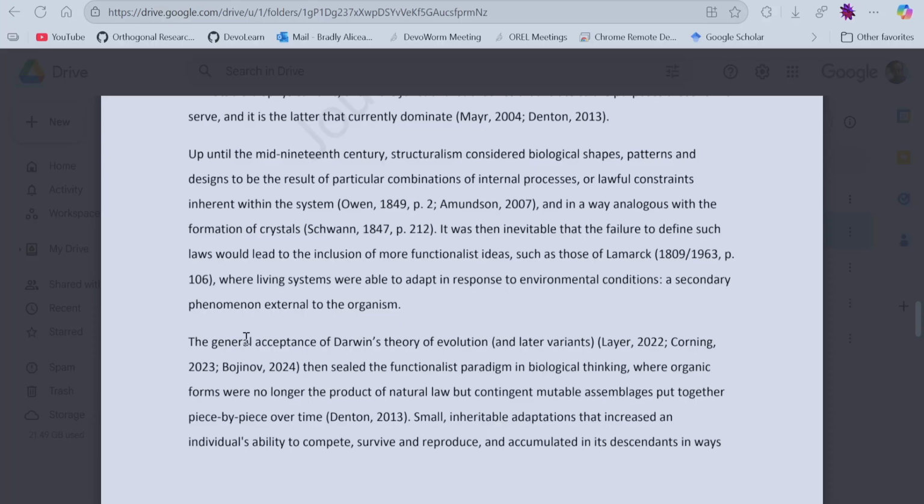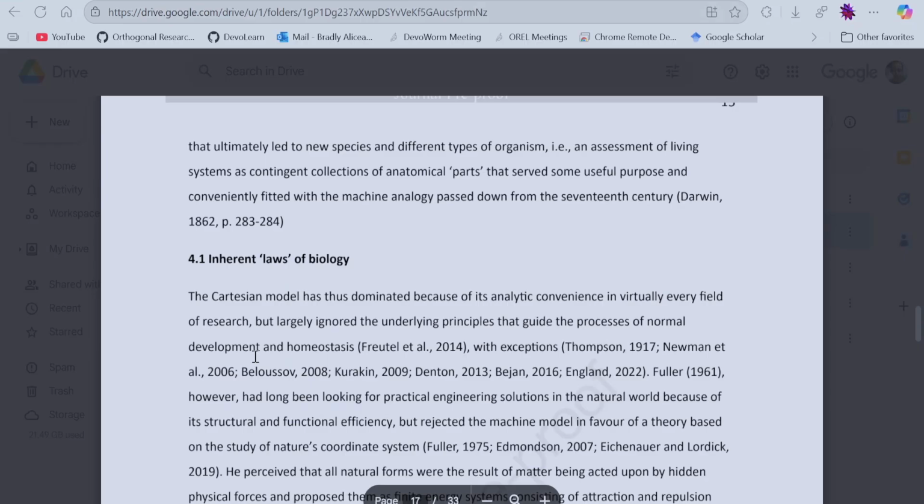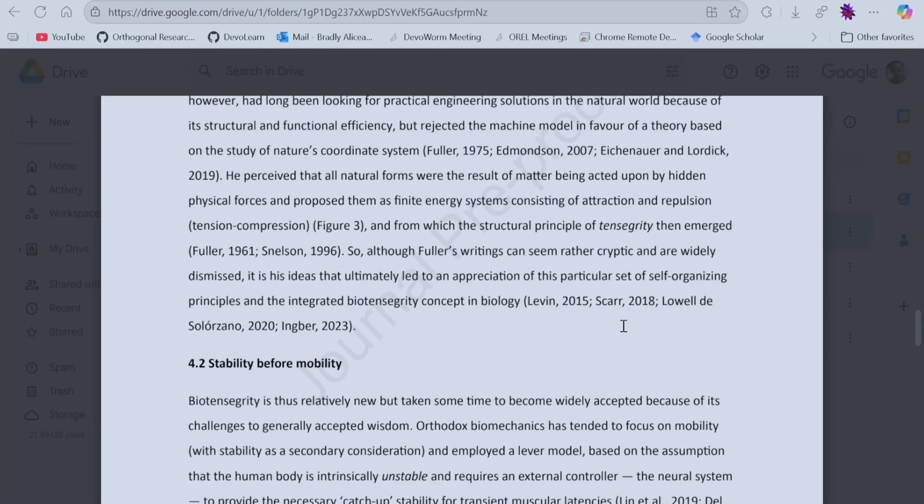Now they're bringing those together, and that's really what we need. And they talk about the laws of biology as also needing to be reconsidered in light of things like tensegrities.